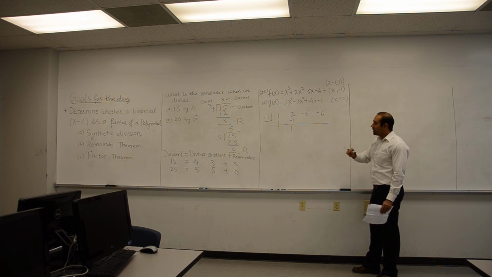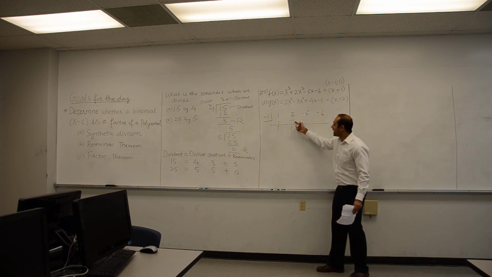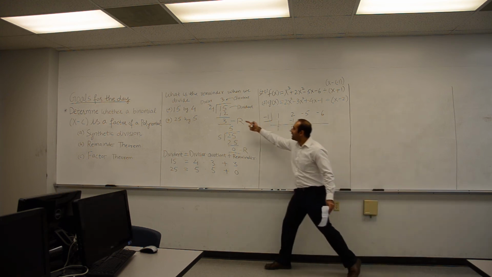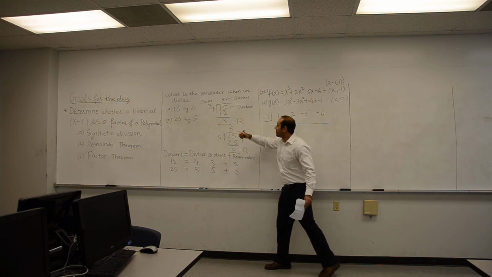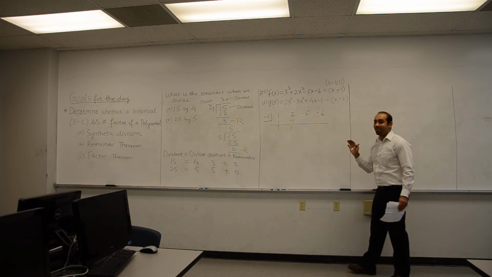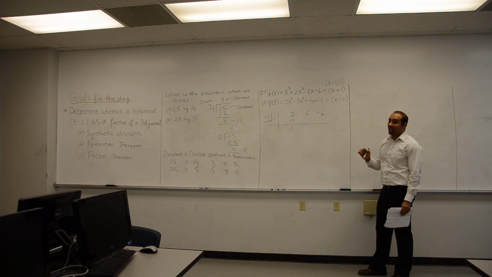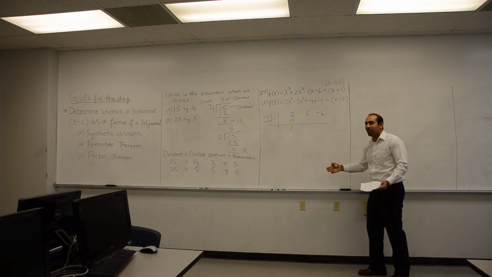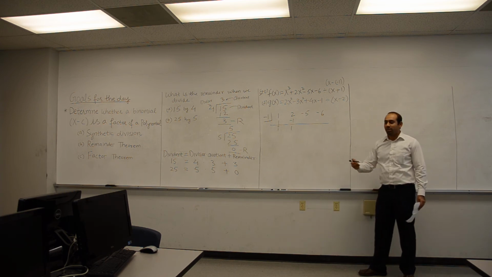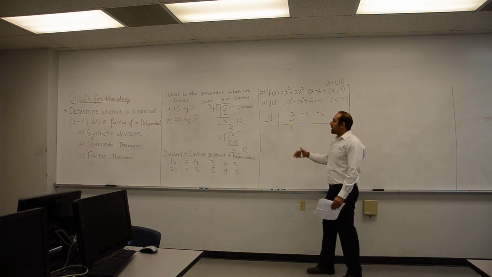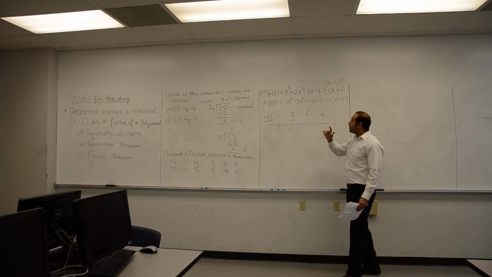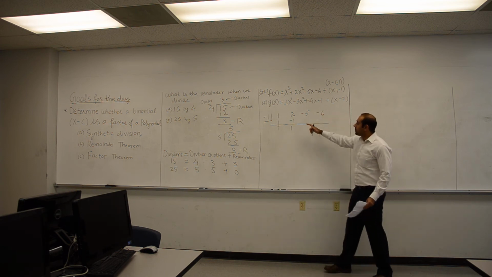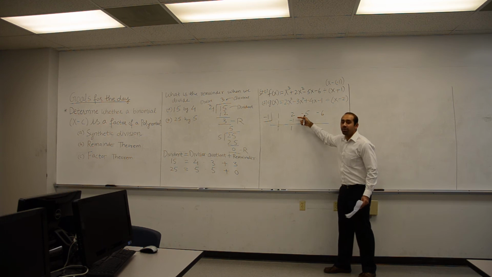With long division, we subtract, but synthetic division works differently: we add the numbers. Students make this mistake all the time because we're so used to long division from elementary and middle school, so be careful. Once you do the second step, we have to add.